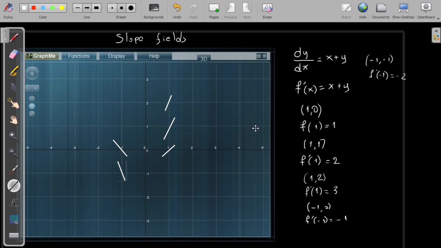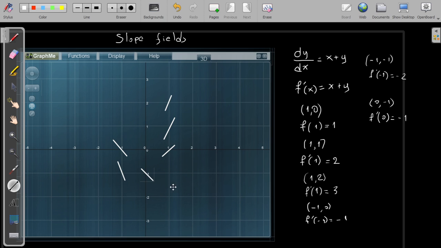Let's take also the point (0, -1). So the gradient at (0, -1) will be -1. So you see here, it's again like that.